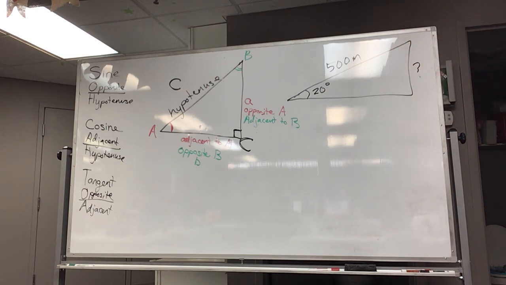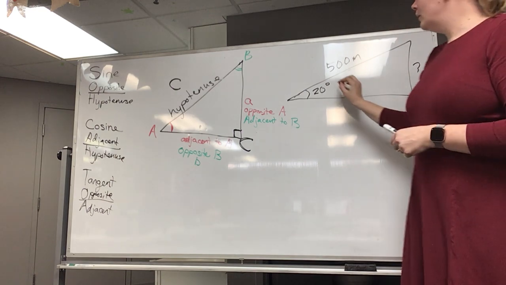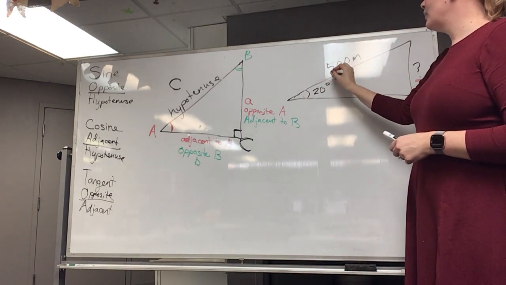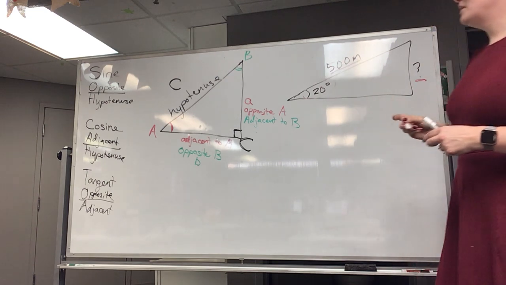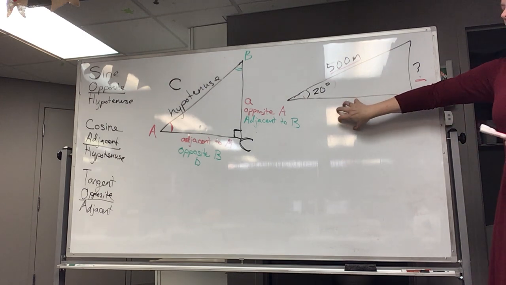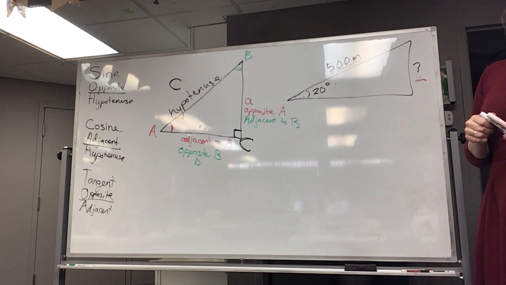Sine, cosine, or tangent, which describes the situation that I've got. And so here is my angle, and I have this piece of information that I'm looking for, and this piece of information that they gave me. Is this going to be a sine, cosine, or tangent problem? Is the first thing that you need to know. Sine. We don't have anything for our adjacent. We only have the opposite and the hypotenuse.